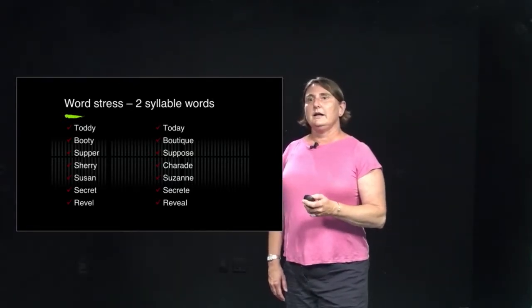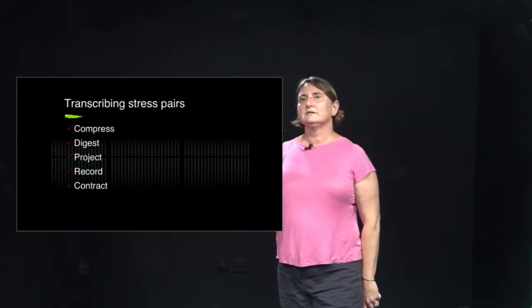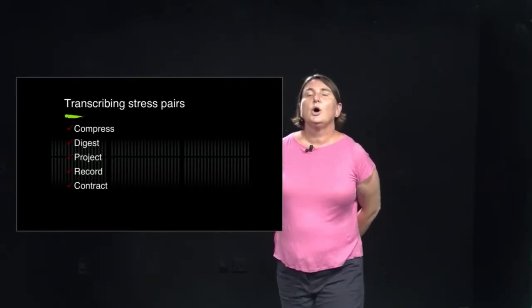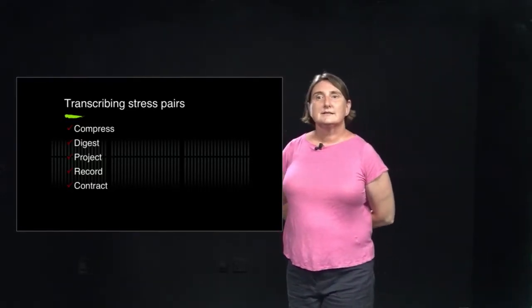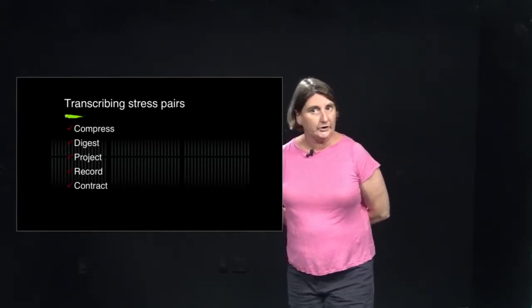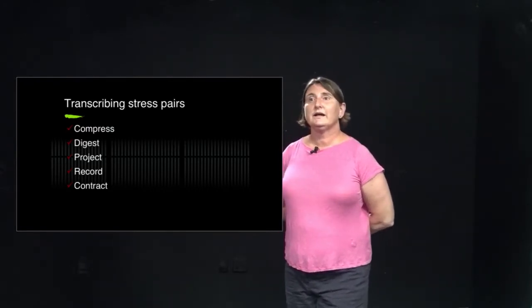All right, next. So let's stress pairs. Okay, so we do sometimes have words, same spelling, but the noun has one stress pattern and the verb has a different stress pattern. So that would be the case here.